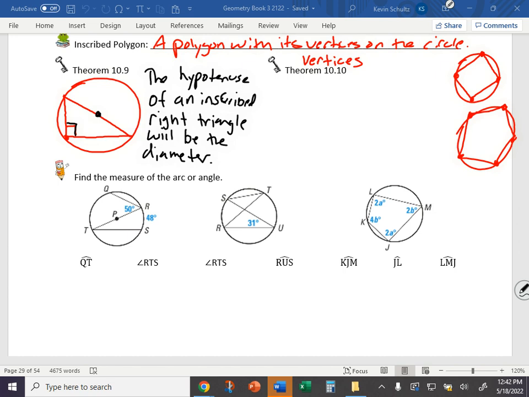Theorem 10.10 has to do with, who's snorting? Oh, Gino. Do you agree to the terms and conditions of staying in the classroom today? Yes. Do you think that snorting is a term and condition for being in the classroom? Do I get a warning? Is this my warning? Okay. I'm done.